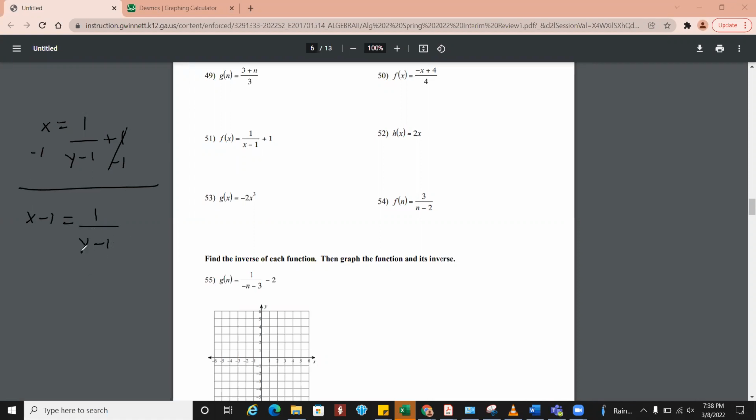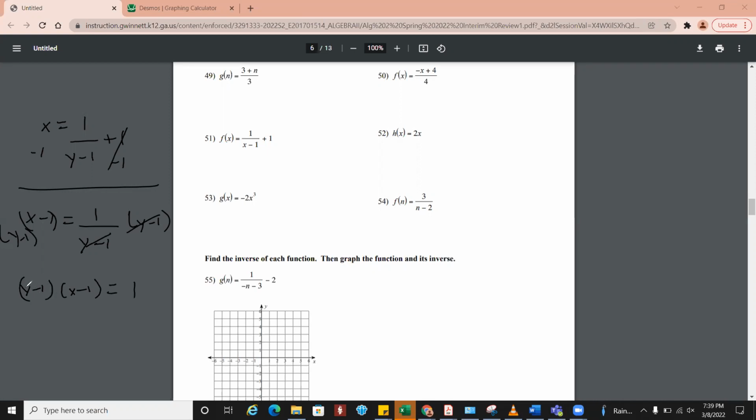We want to get y by itself, but it's in the denominator and it's on the other side attached to -1. So we're going to multiply by y minus 1 on both sides. So this will give us y minus 1 times x minus 1. These would cancel. So equals 1.